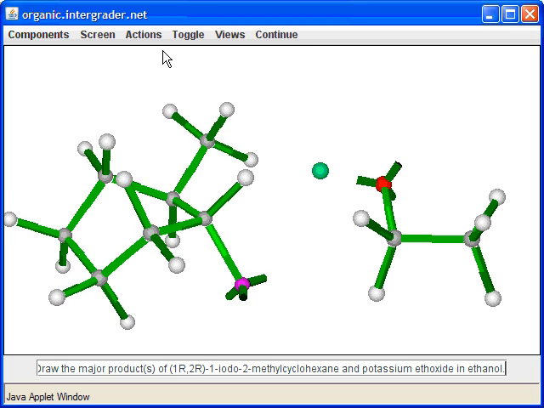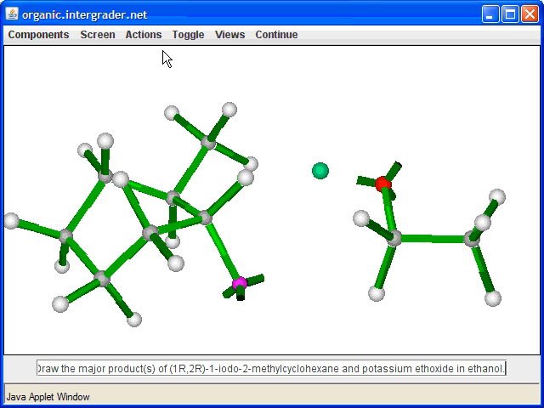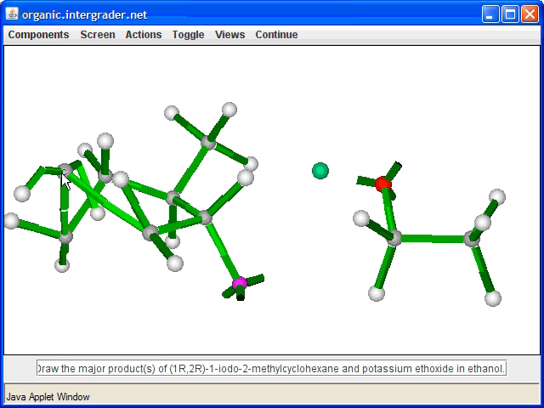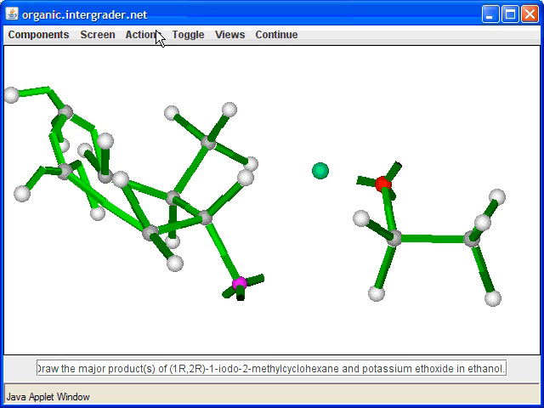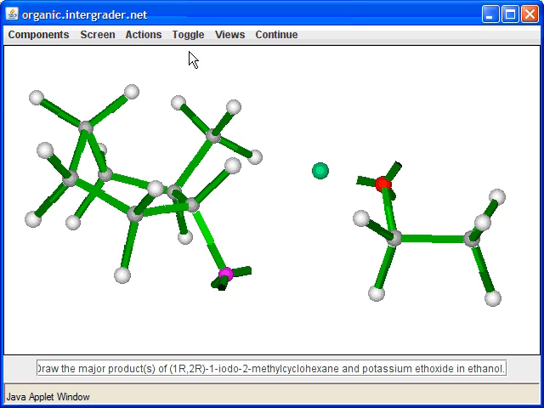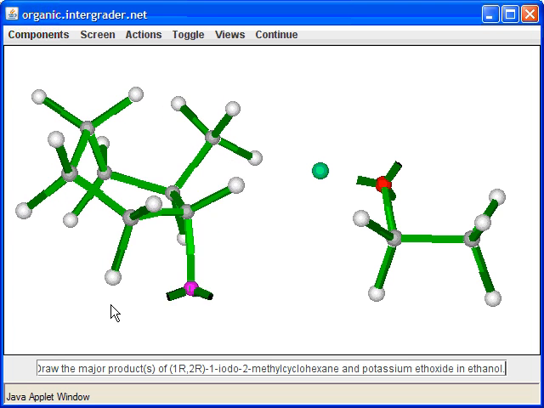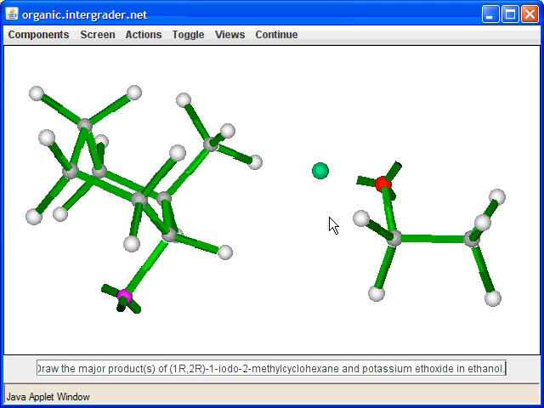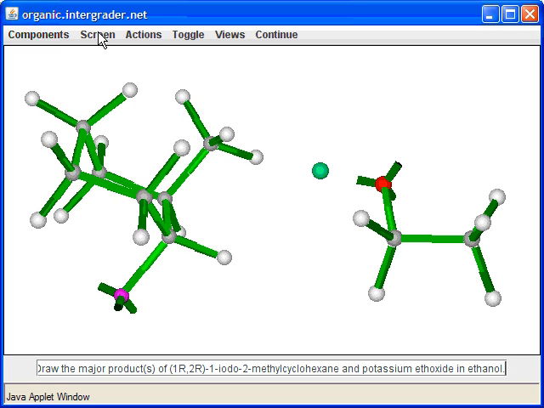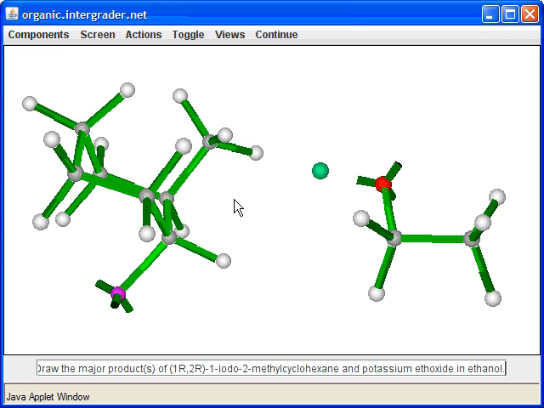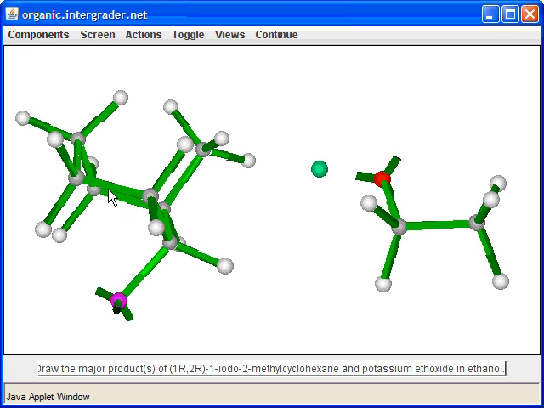Once I do that, I'll convert this ring over here to a chair. Let me move this a little farther over here, and then I'm almost ready to do my reaction.